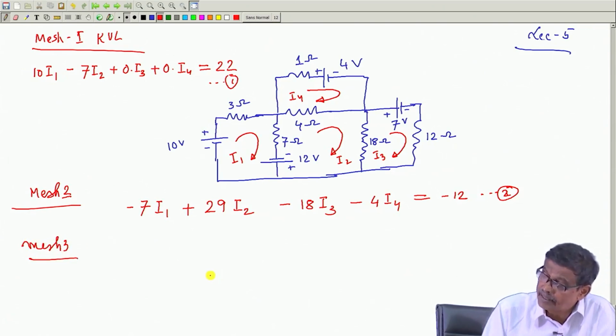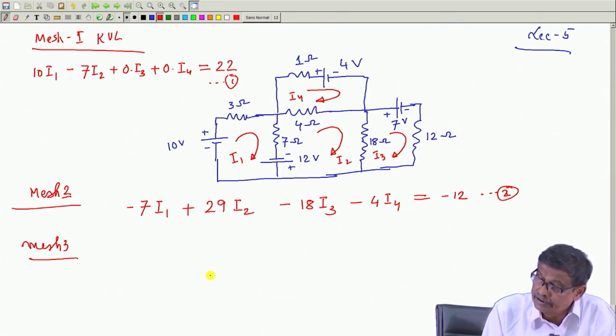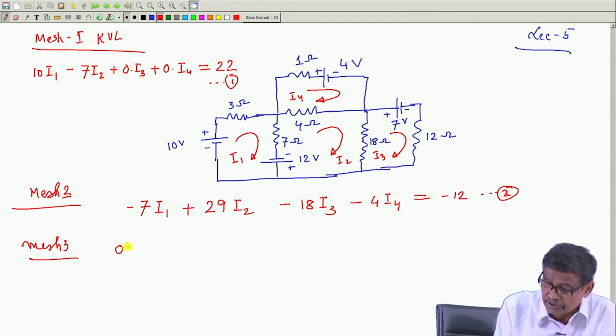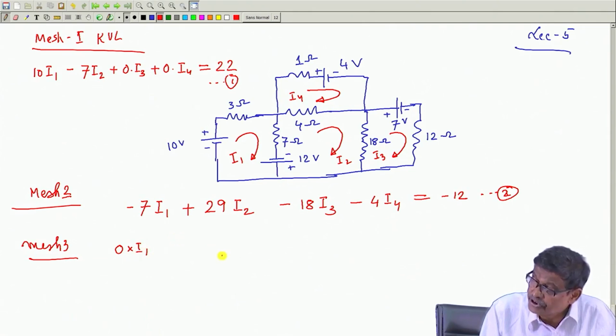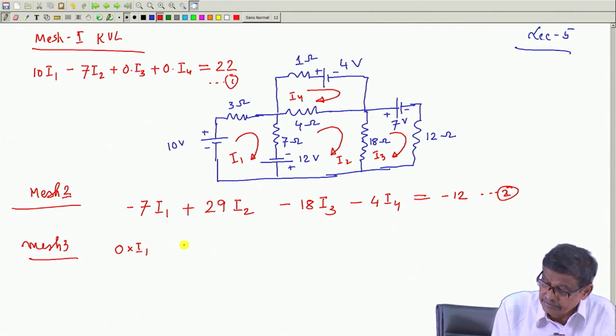In mesh 3, will there be a coefficient of I 1? No, there is no common resistance between these two meshes. So, 0 into I 1. Coefficient of I 2 in mesh 3, yes, minus 18 I 2.